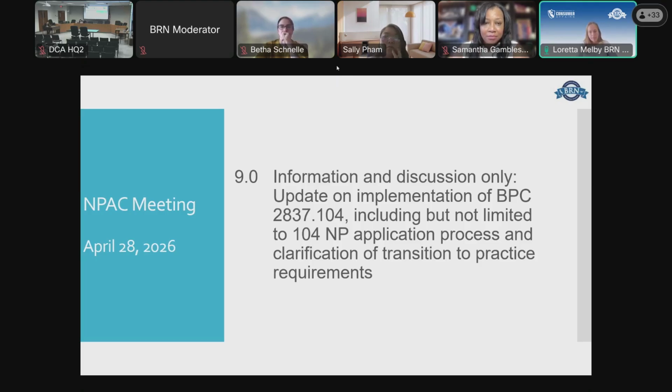In the meantime, if you are able to access the 104 application, you are able to complete the 104 application, but there are some hiccups on it. If you run into issues with it, you would have to do a direct call out, emailing the APRN staff and licensing and trying to get that fixed.